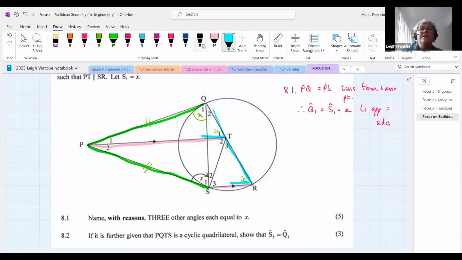Do the rest of you see it now? So T2 and R are not alternate angles. T2 and S3 are alternate angles, but we don't know what T2 is equal to.